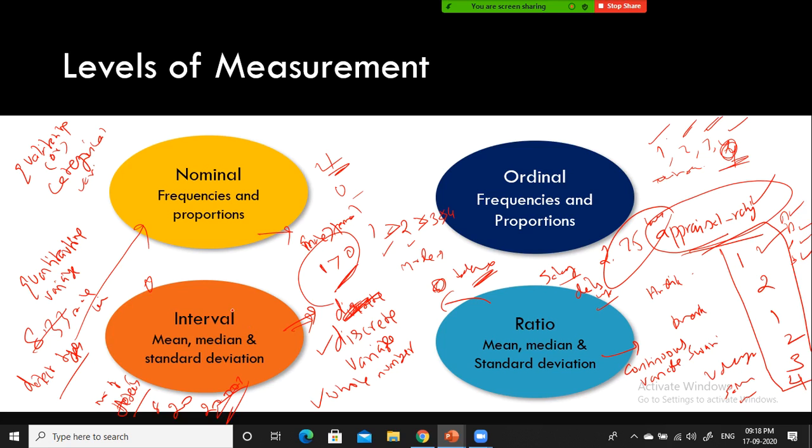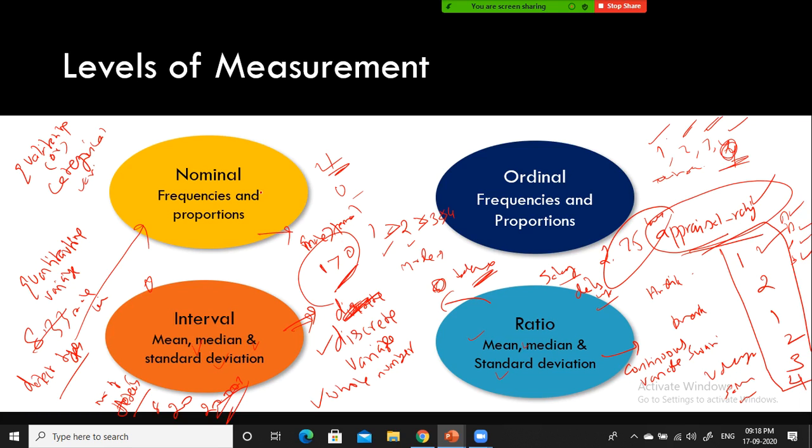Since interval and ratio are quantitative variables, you can find out the mean, which is nothing but the average. You can find out the middle value, the standard deviation, and the variance. These are called measures, and we can use them to understand the characteristics of the data.